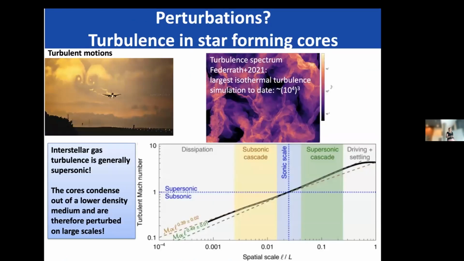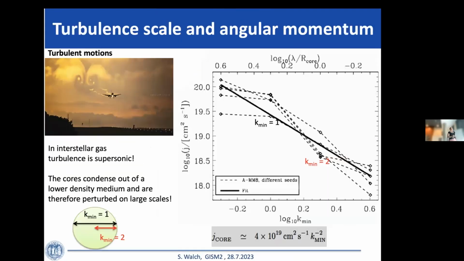And there was one last thing I wanted to say to this. I wanted to point out that turbulence in general is always associated with angular momentum in the cores. So what we have done in an experiment was that we took a prestellar core, and what you usually do to drive turbulence is you apply turbulent velocity fluctuations which follow a turbulent power spectrum, as we've just seen, onto your core.